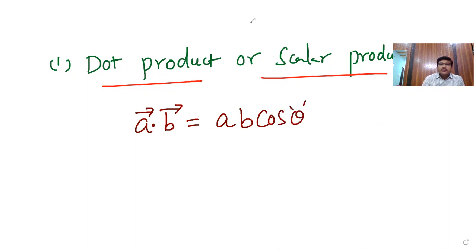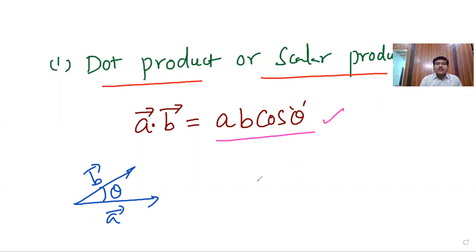That is, if a bar is one vector, b bar is another vector, theta is the angle between them, then this will be the dot product. Okay? And this end product is a scalar quantity. Hence, we call it a scalar product.